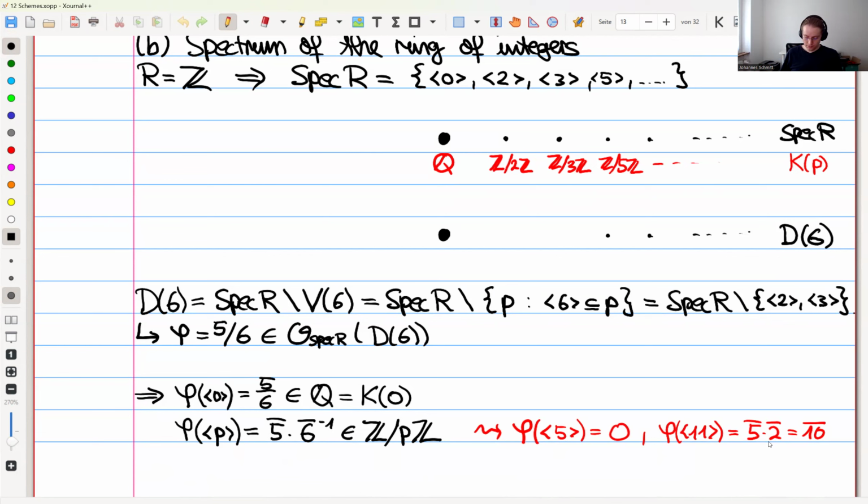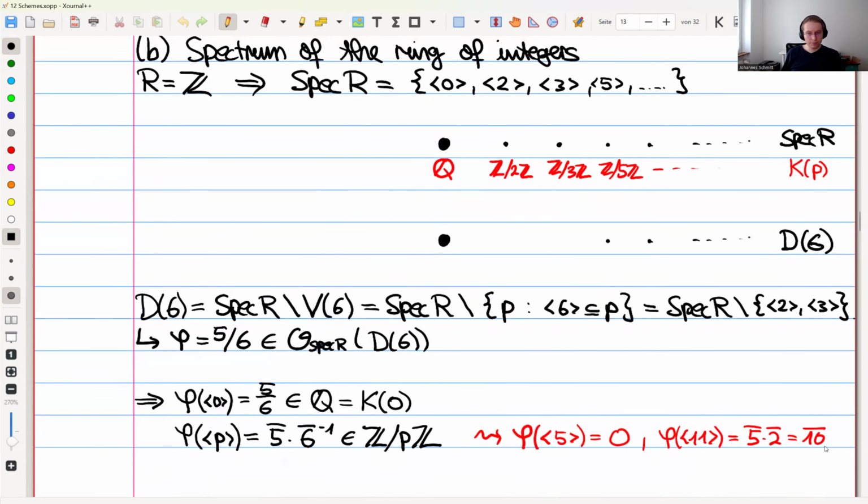So this works out. And so 5 bar times 6 bar inverse is exactly 5 times 2, which is equal to 10. So it's 10 bar. So you can just evaluate this function at this point. Okay, so these were just some concrete examples to get a bit of a feeling for these distinguished open sets and for the functions on those.